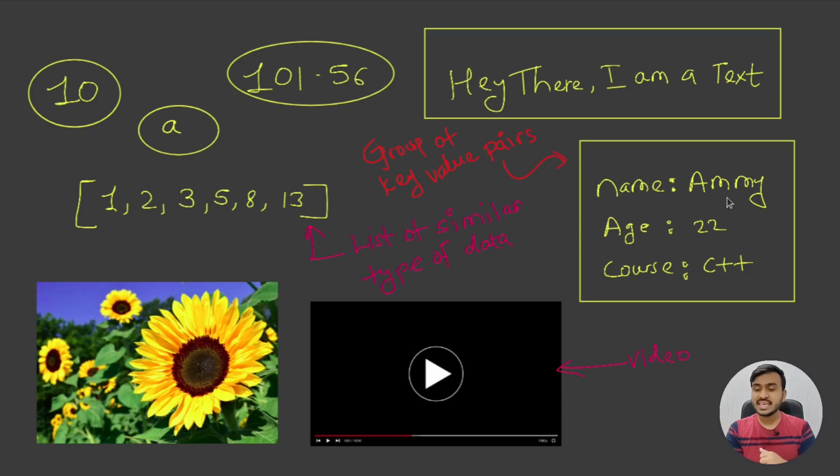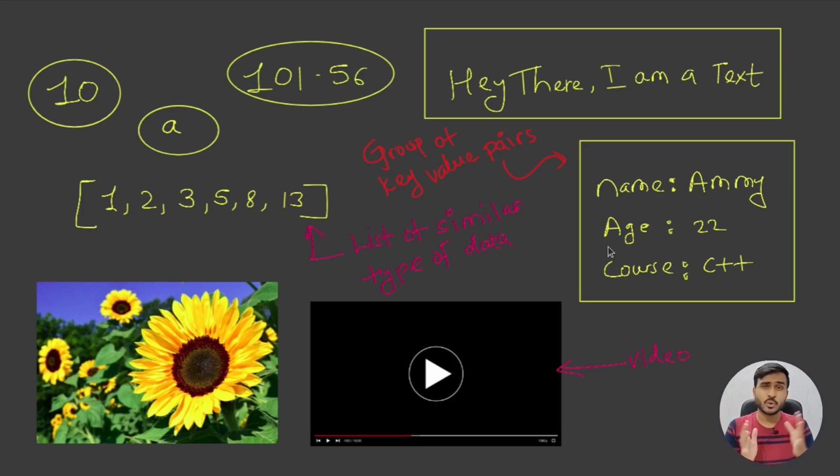See this key value pair. Right now let's not go into what this thing is called, but just remember it is a group of key value pairs. You can see we have a key, and for that key we have a value, and in this way we have multiple key value pairs. Let's not go into that discussion because it's a very advanced thing, and we are going to discuss it at the very end of this course.